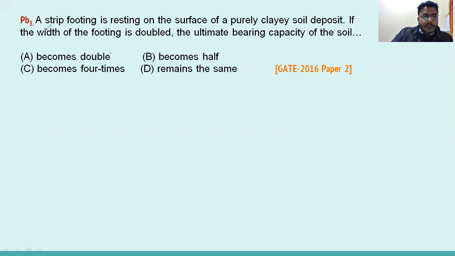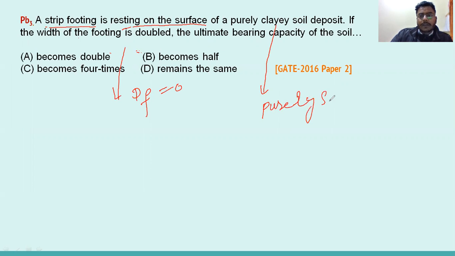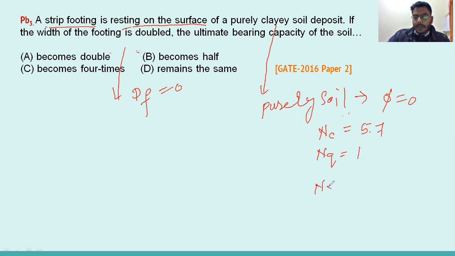The question mentions a strip footing. A strip footing is resting on the surface. Resting on the surface means Df is equal to 0, on purely cohesive soil. Purely cohesive soil means phi is equal to 0. If phi is equal to 0, then from the Terzaghi bearing capacity factor tables, you will get that Nc is equal to 5.7, Nq is equal to 1, N gamma is equal to 0.